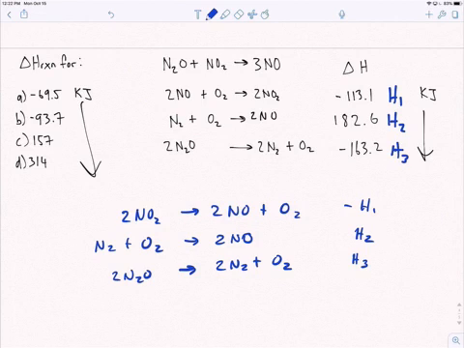See, there's 2 right here, and only 1 right here. So you have to multiply this by 2.